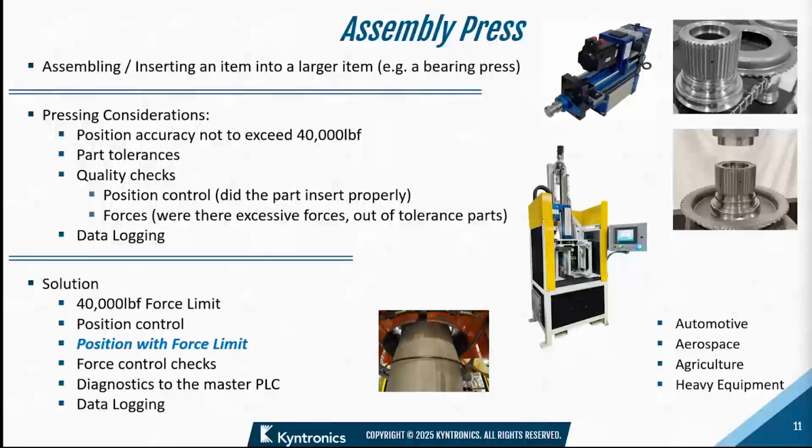So as you're moving down at your desired speed, and pressing these parts together, if you see a force limit as you set above 40,000, say 45,000, it'll switch into force mode, and it will not go over that limit, and you can then flag it as a bad part or something like that.